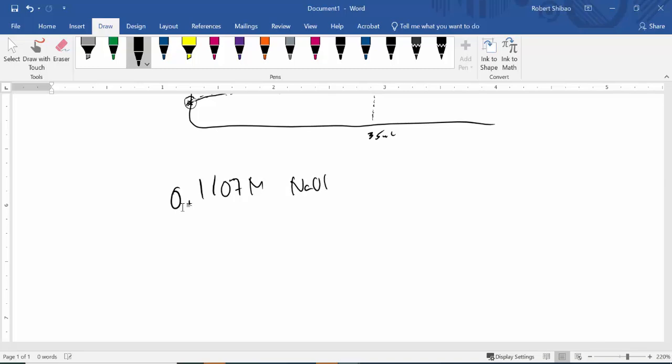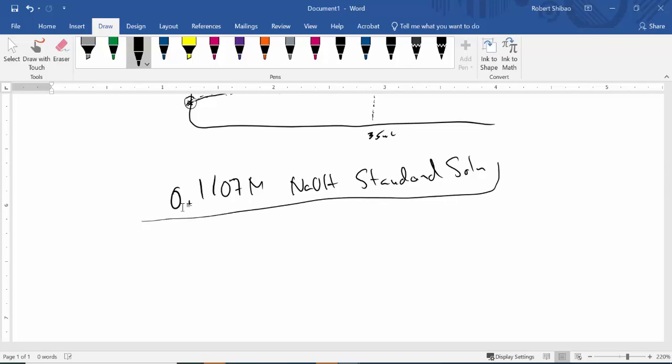Sodium hydroxide, standard solution. So we just want to collect the data today and then we'll analyze the data later.